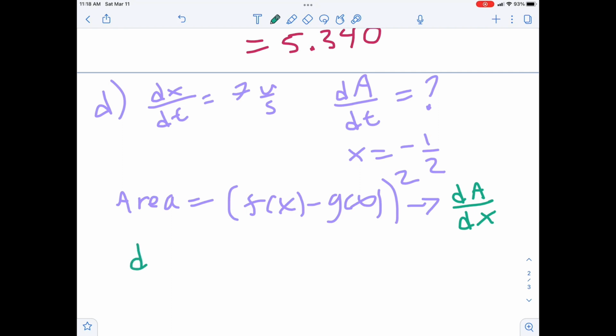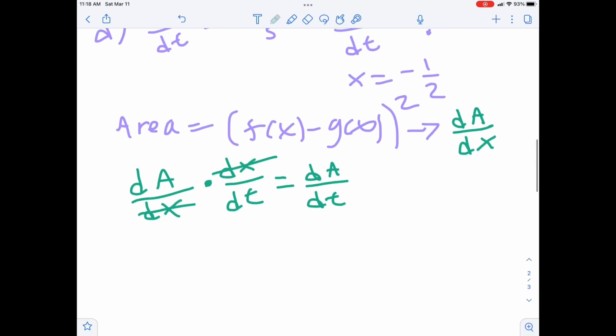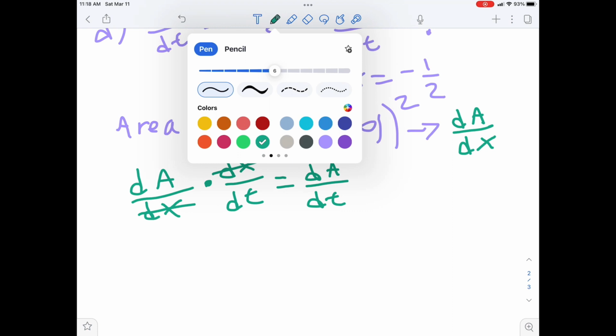Well, this is pretty simple because we know that our change in area with respect to x times our change in x with respect to time, we can simplify because we get dx over dx, which is just equal to 1, because it's same over same, and you get our change in area with respect to time.